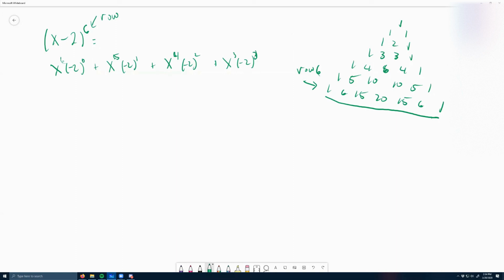So what's happening is these X's are counting down by 1 every time. And it goes all the way down. And how do we know when we're done? How do I know when I don't need to go anymore?